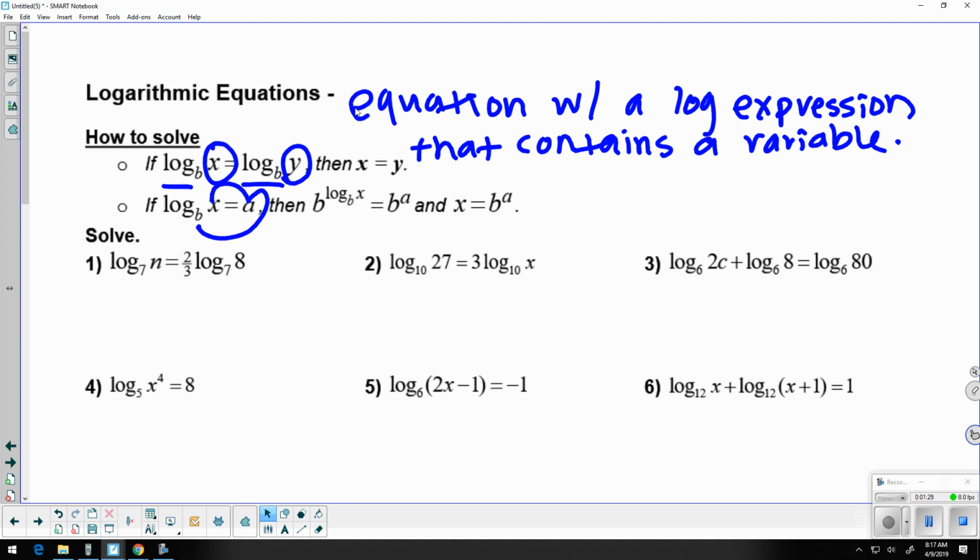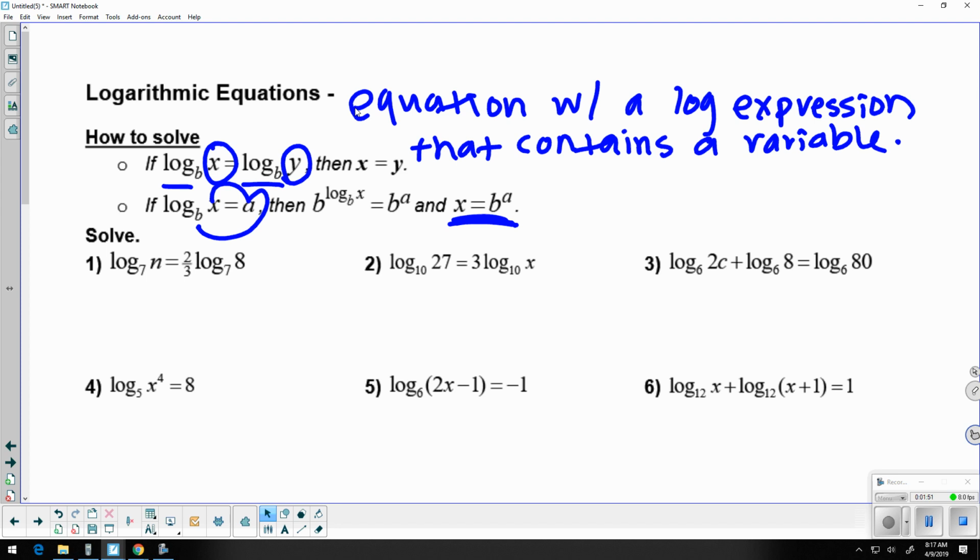So your end result is that x is equal to b to the a power. Those are your only two options. Keep in mind, you might be seeing a lot of the properties that we emphasized a couple sections ago. We are going to be using and applying all those properties today.